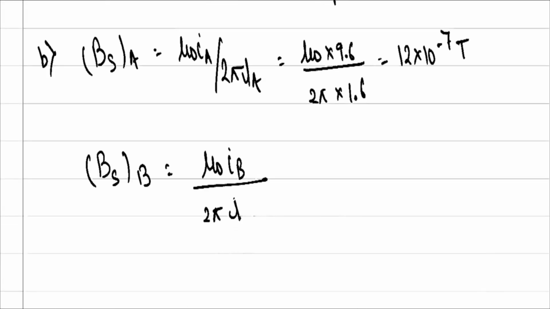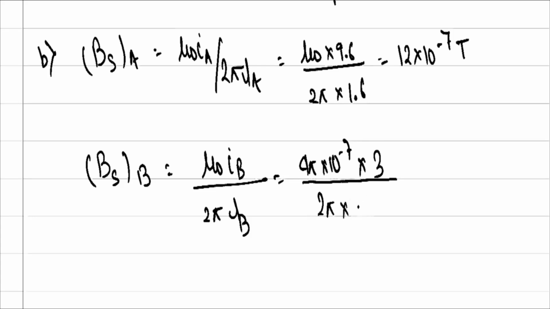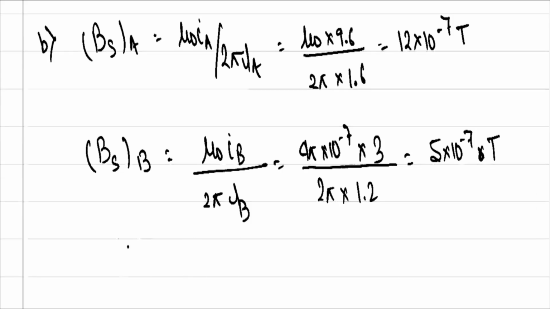Then it is 4 pi into 10 power minus 7 into IB, which is 3, divided by 2 pi into 1.2. When you calculate it, you will get 5 into 10 power minus 7 Tesla.